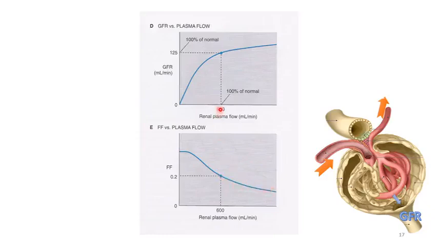But when renal plasma flow is decreased, at first filtration fraction will increase to prevent reduction of GFR to a much higher level, but after that filtration fraction reaches a plateau, and you see that by decreasing renal plasma flow, GFR will drop so sharply.